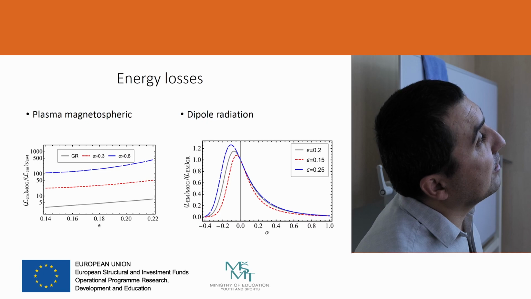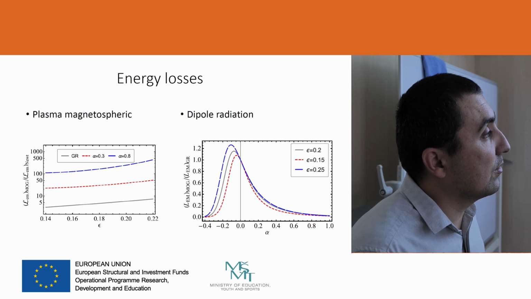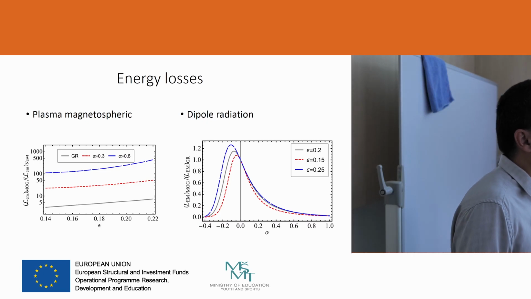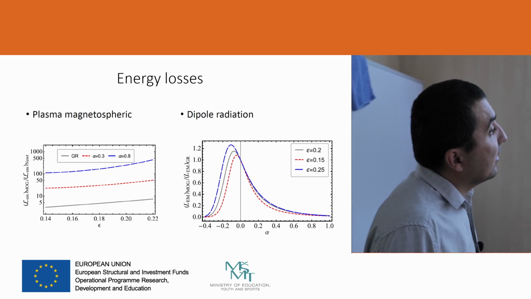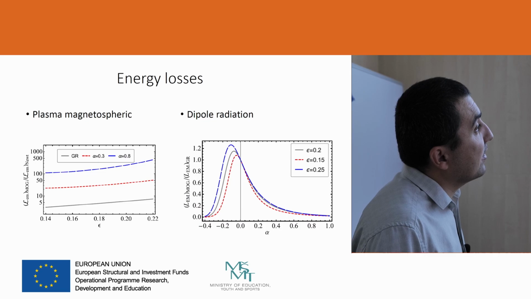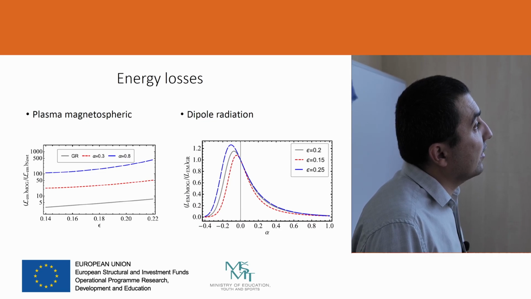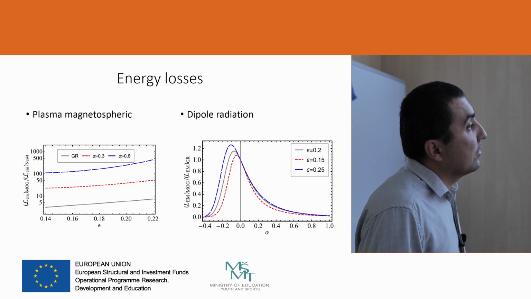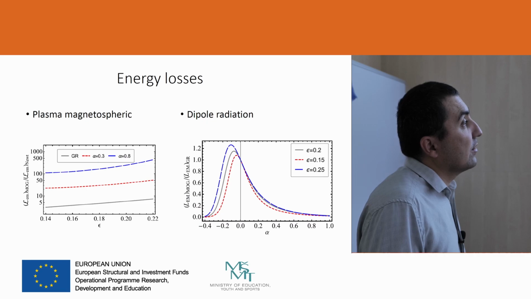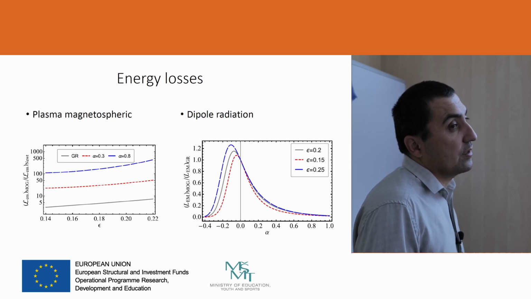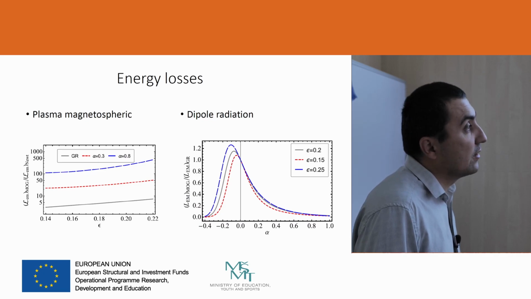But dipole radiation, we know that it does not depend on the mass of the star, and at zero we can see this is equal to 1, and this is the same as GR. But in the presence of the alpha parameter, it becomes dependent on the mass and the radius of the star.